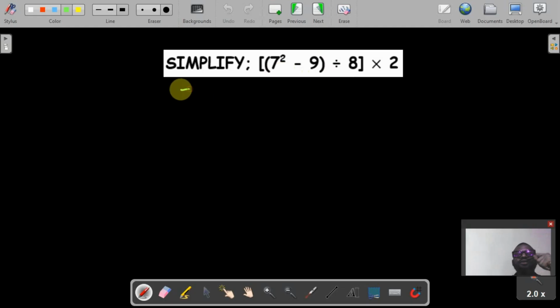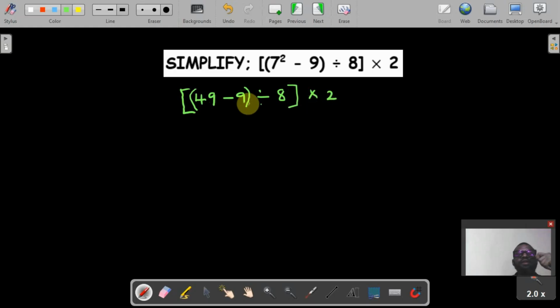So this will now give me, this is the bigger bracket. Then the 7 square here is 49. Then minus 9. Then divided by 8. Remember that this bracket is still here. Bracket is here, then divided by 8, then the bigger bracket, then multiply by 2.